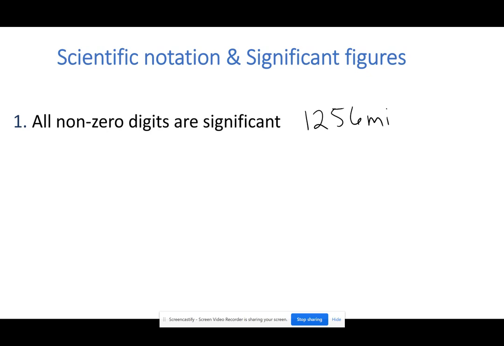Whatever instrument I used to measure that, I got 4 significant digits. I like to abbreviate sig figs with just SF, so this number has 4 sig figs.